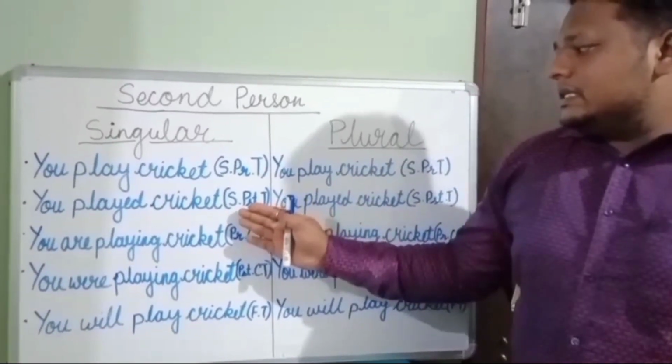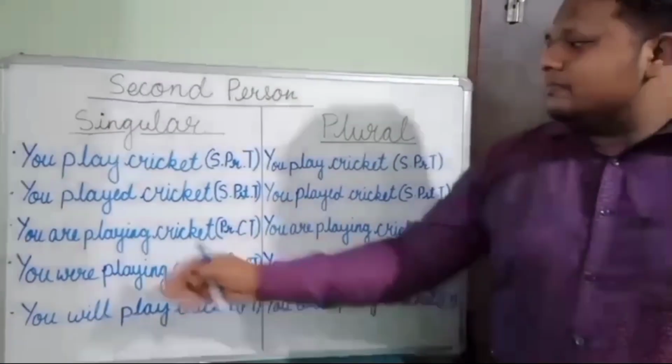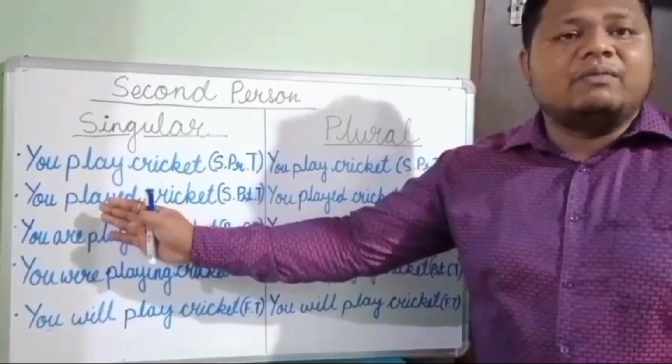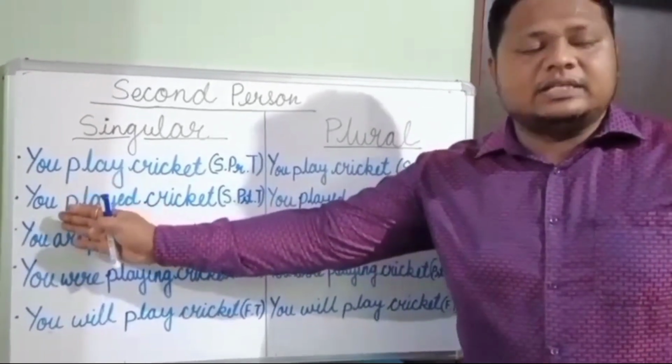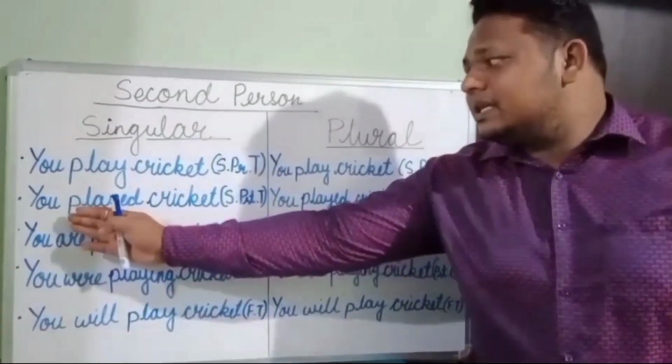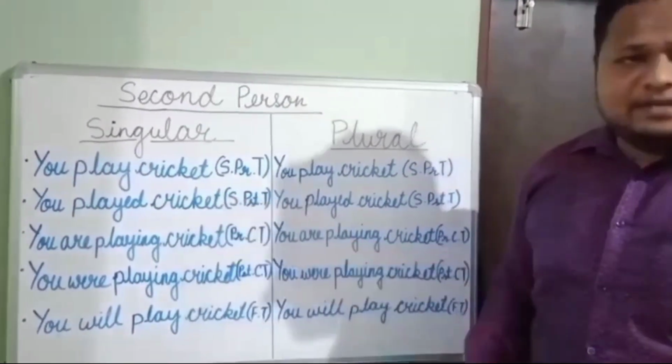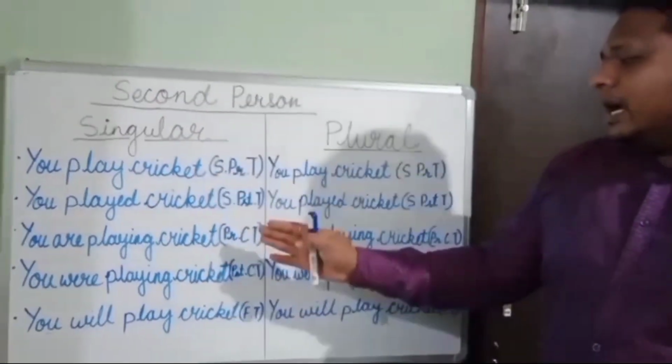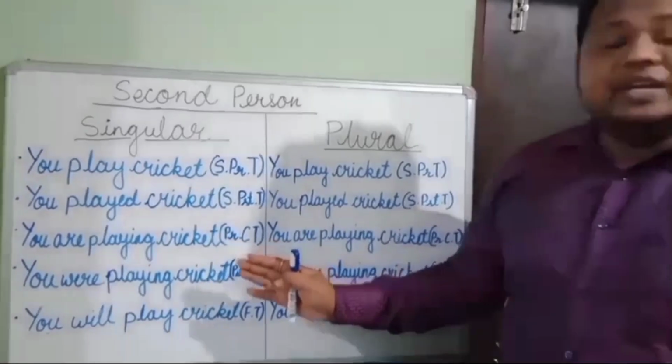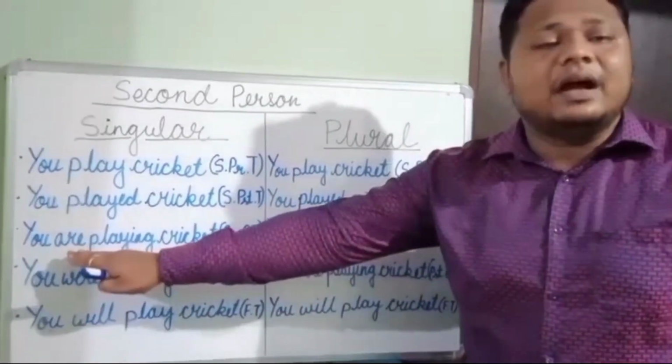In simple past tense, we use the second form of verb with the subject you: "you played cricket."